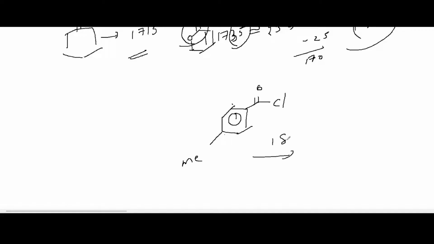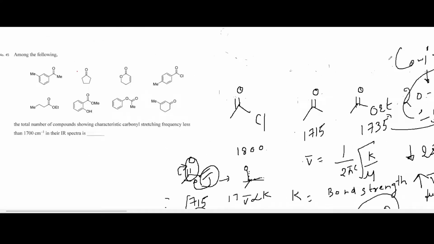Acid chloride has 1800. Even if there is resonance, minus 25, it will be some 1775, so not less than 1775. So basically these three don't have any frequency less than 1700.